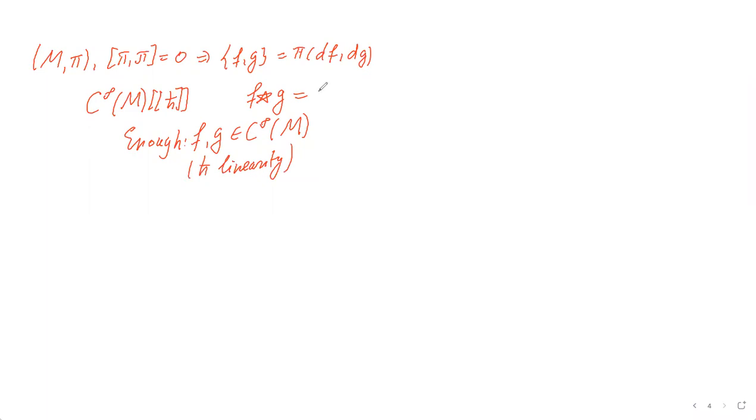Then, since we said that this star product should be a deformation of the usual product, the first term in this star product should look like the usual product of f and g. But then the second term should look like this. But after this, we have a whole series of additional terms which account for the associativity of our product, and they all are written in the same form.